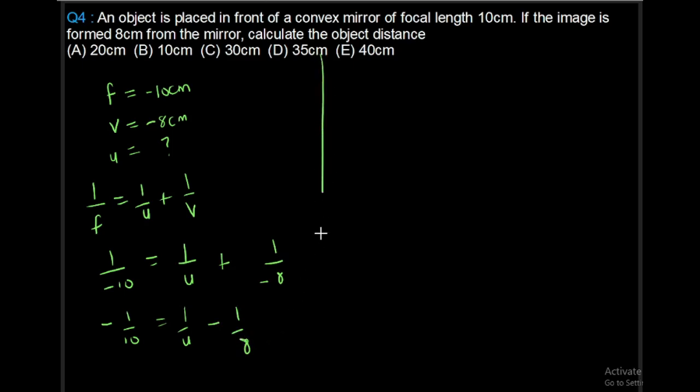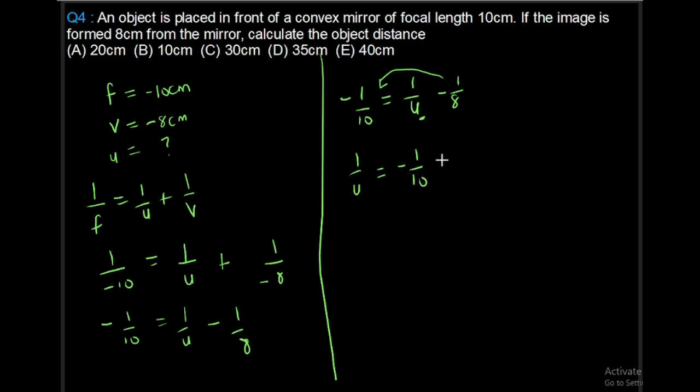If we proceed, we're going to have minus 1 over 10 equals 1 over u minus 1 over 8. Making u the subject of the formula, we move this to the other side. We have 1 over u equals minus 1 over 10 plus 1 over 8.